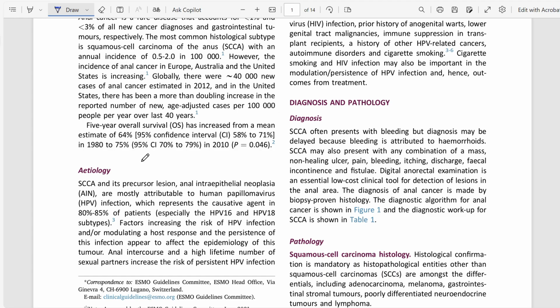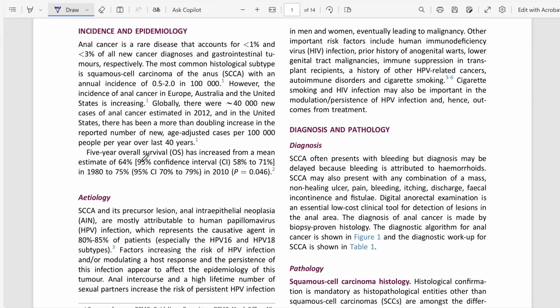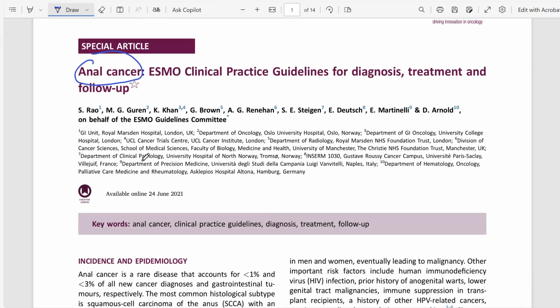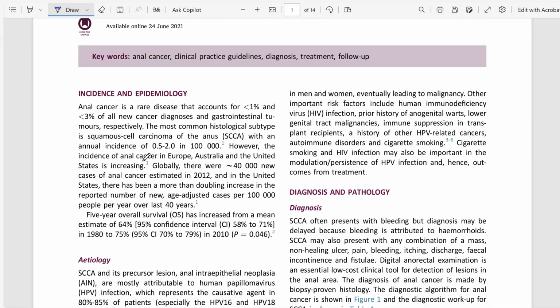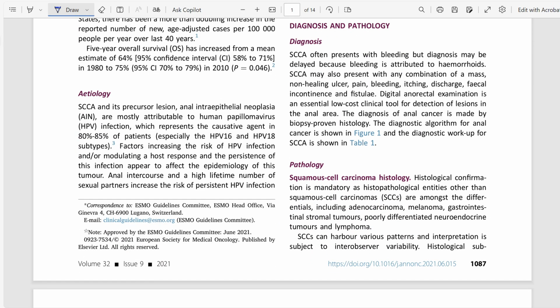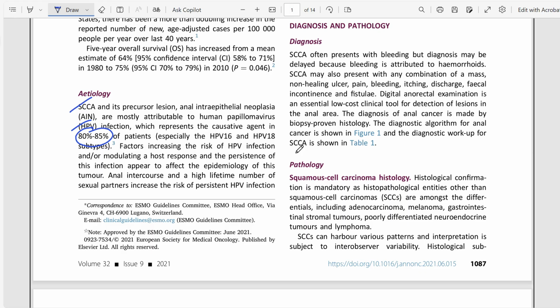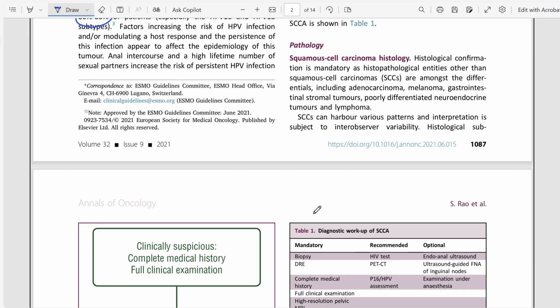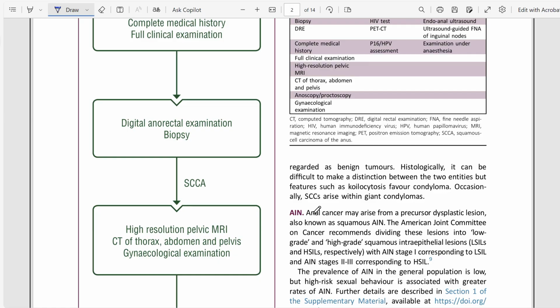With that detour, let's get back to the ESMO guidelines for diagnosis, management, and treatment. Anal canal cancer is usually squamous cell, and HPV infection is seen in about 80 to 85% of patients. Diagnosis is by biopsy. When there's bleeding, you can do anorectal analysis and HPV testing.